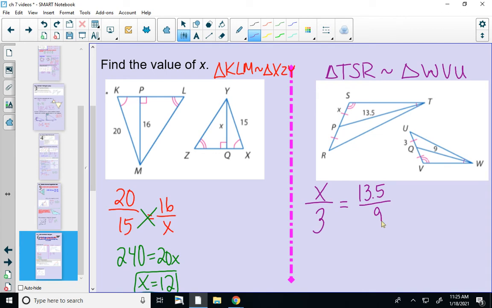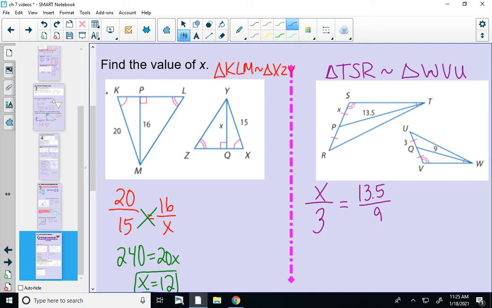You could have doubled it. So we would say SR, which would be 2x, and UV, which would be 6. But I don't think we necessarily have to, just because these triangles are similar, so all their corresponding parts are going to be proportional. You should get the same answer if you had doubled it to be 2x over 6 versus just x over 3.